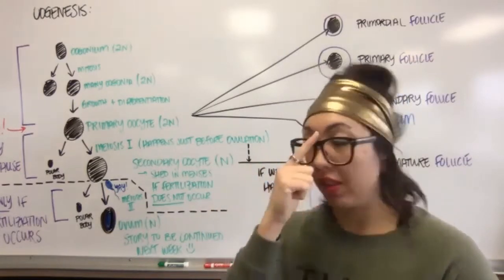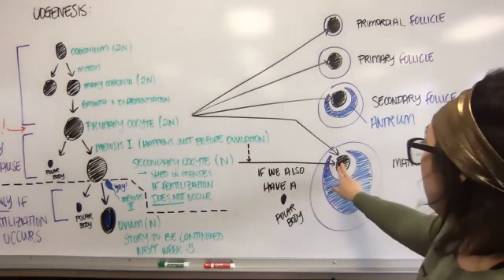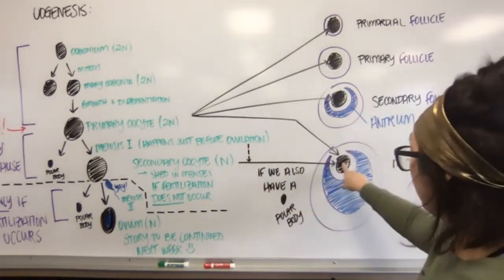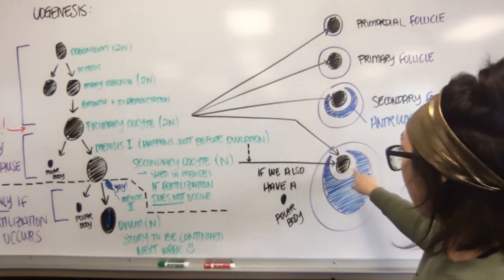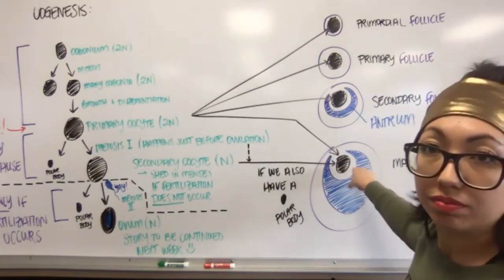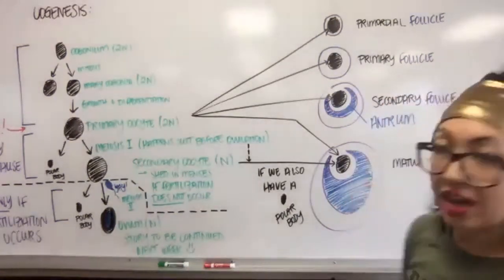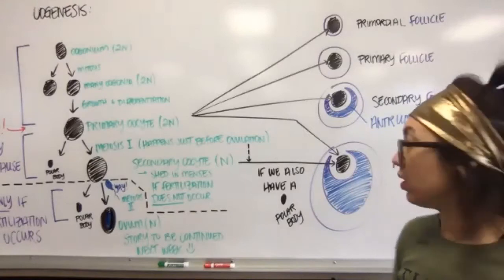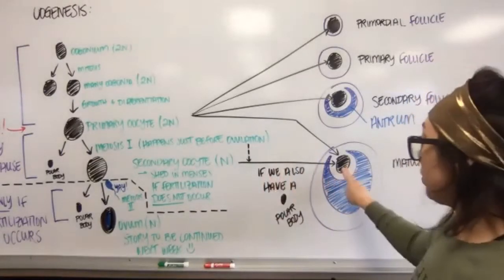Just before ovulation, we're going to go through meiosis 1, and this will become a secondary oocyte, and then we would have a little polar body, and that's what gets ejected. So that's why this has 2 arrows drawn to it.